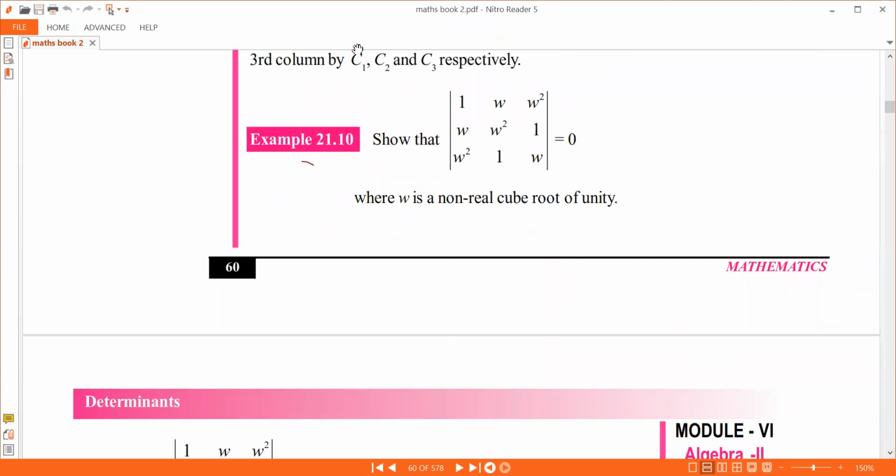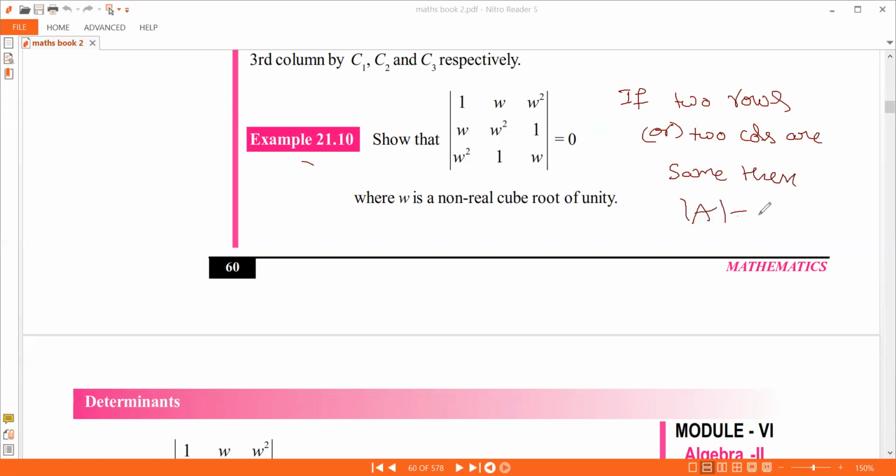Now, another thing about determinants is that if two rows or two columns are the same, then det A is 0. Simple.